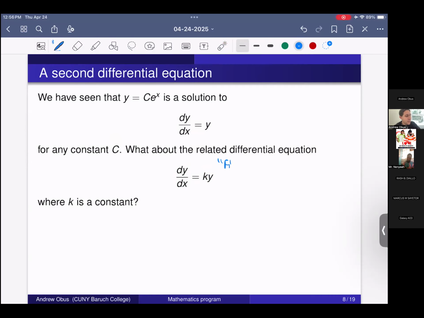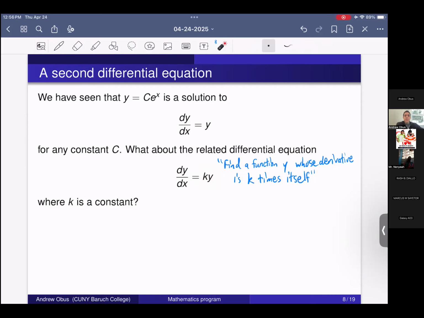This is saying find a function y whose derivative is k times itself. It's saying find a function y where the derivative of y, that's the left-hand side, is equal to k times y, that's the right-hand side, so k times itself.